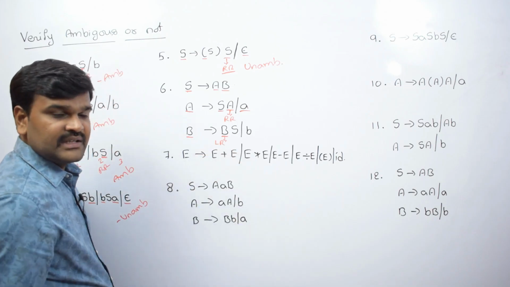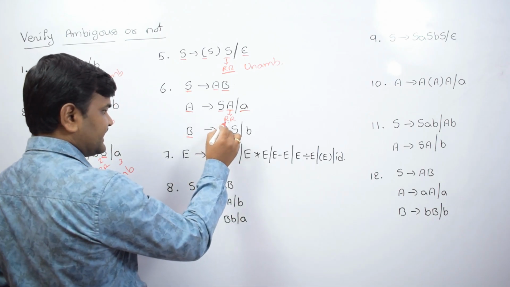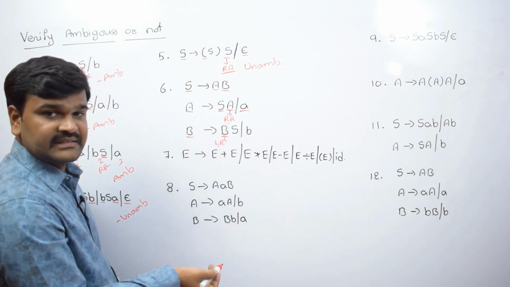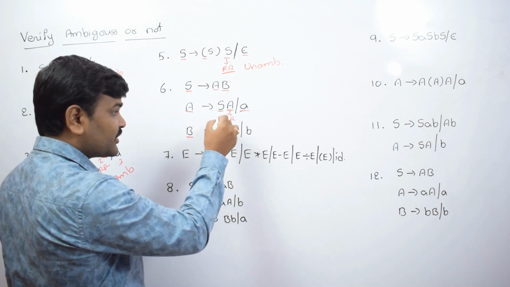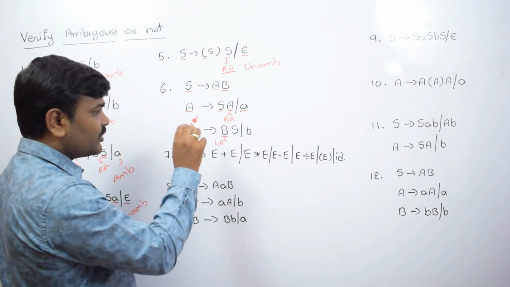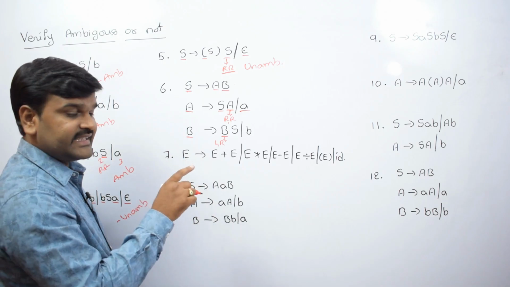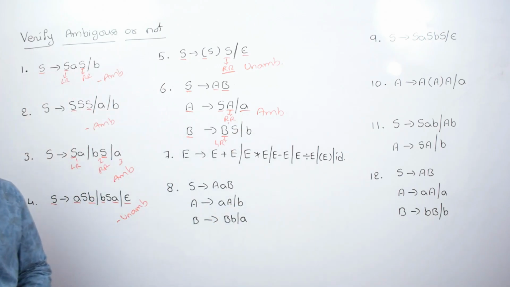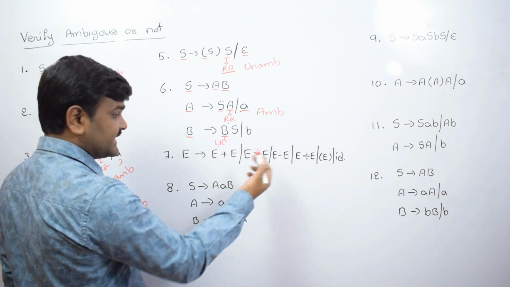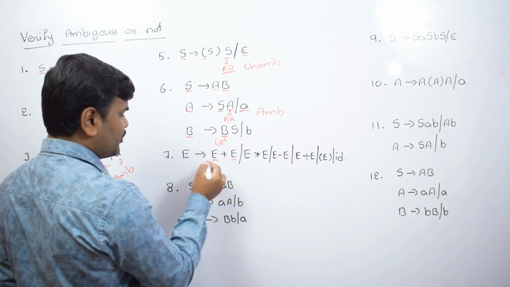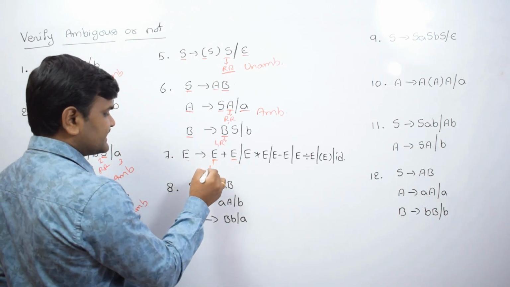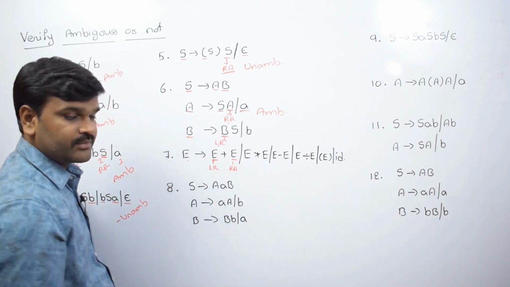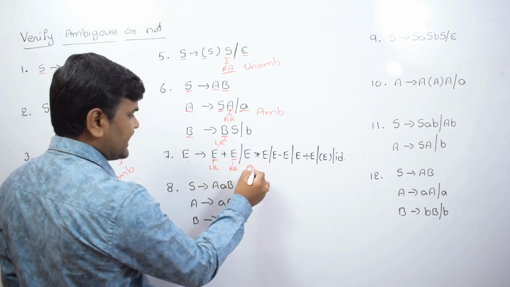Overall, left recursion is there and right recursion is there. Both need not be in the same production, but overall both exist. If both exist, that will become ambiguous grammar. Here you can tell easily, in one production itself you have both left and right recursion, and the same holds for almost all productions. So this is also an ambiguous grammar.